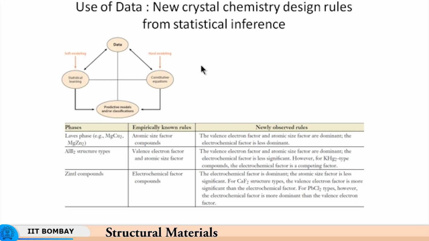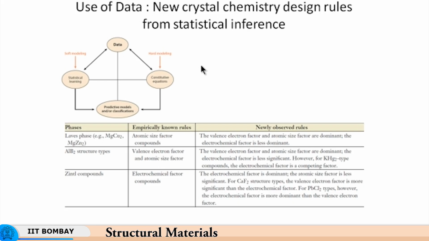What we observe in reality is that the valence electron factor and atomic size factor are dominant, the electrochemical factors are less dominant. So although there are 4 Hume-Rothery rules, all the rules may not be equally applicable. In some cases you might still get alloying, you might still get solubility of A in B in spite of a couple of rules being violated or not strictly being followed.